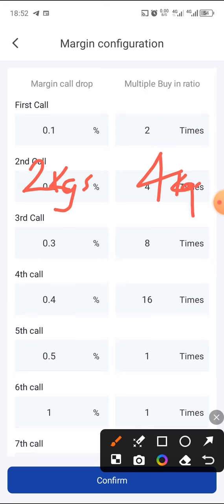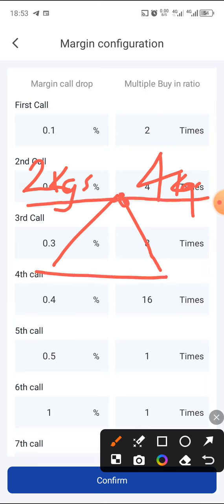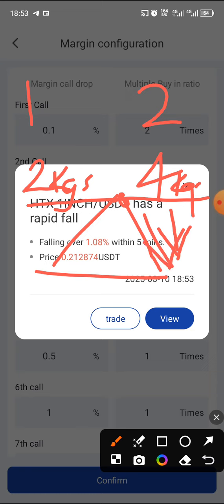If they stand on a platform like this, which one will outweigh the other? Remember, this is our first margin call and this is the second margin call. So the second margin call will outweigh the first one, meaning it will pull it down.